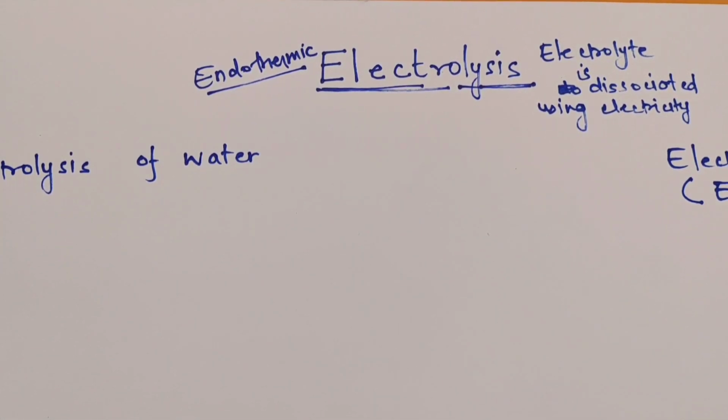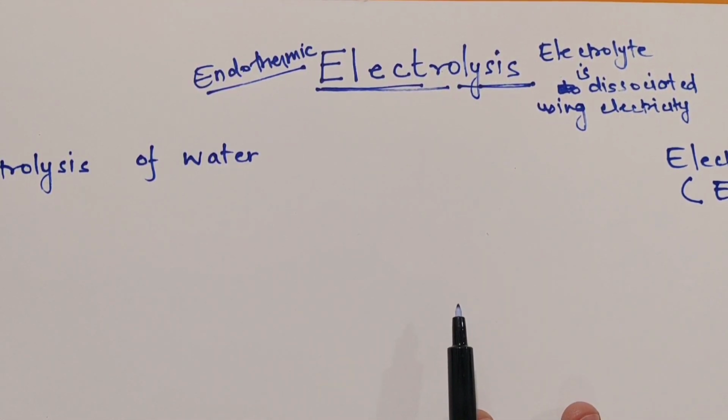What form of energy? In this case, electricity. Okay, so these 4 reactions that we will do, they're all endothermic. They would not happen unless electricity is provided, and they would stop happening as soon as the electricity is stopped. Okay, so now let's talk about all of them one by one.